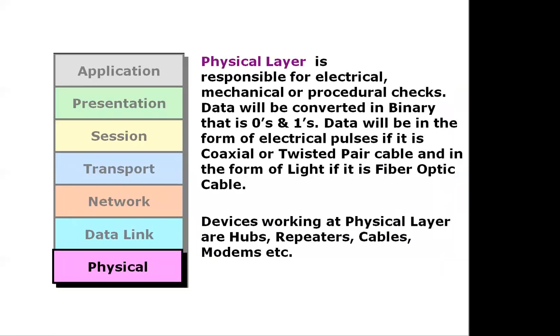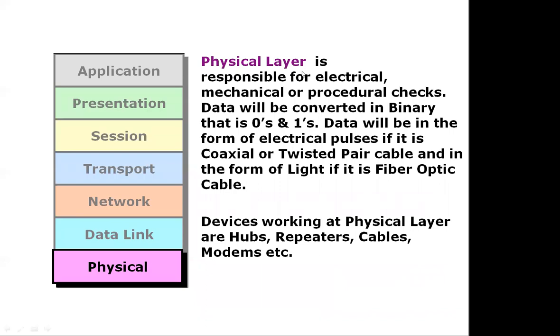The physical layer is responsible for electrical, mechanical, or procedural checks. Data will be converted into binaries, 0 and 1. Every network engineer, before entering this field, thinks that he has to work only on cables and devices, so he or she thinks only about the physical layer.